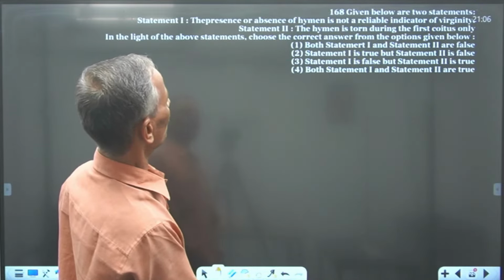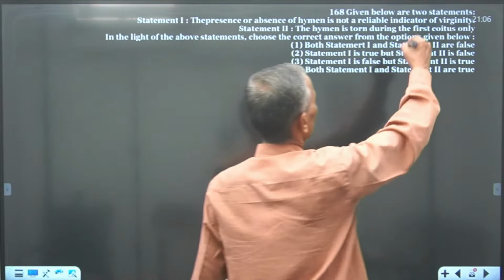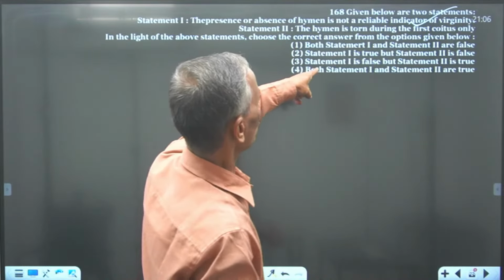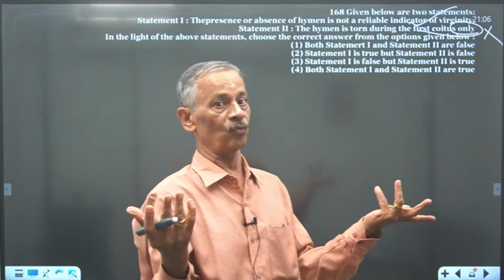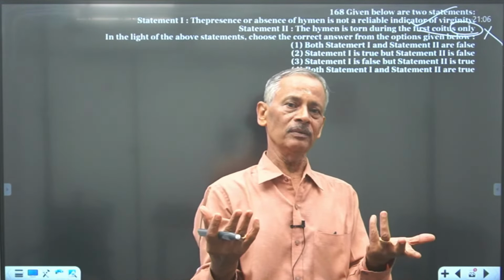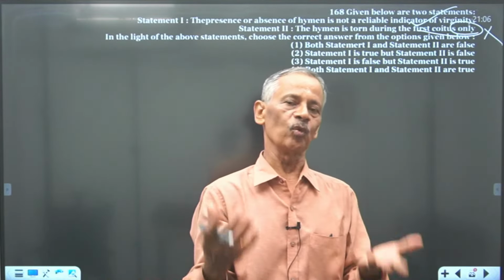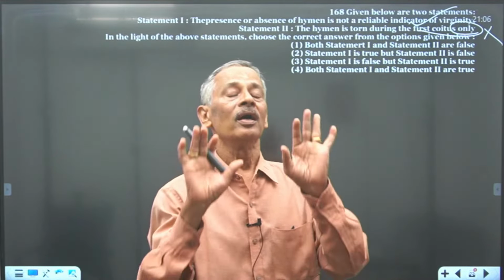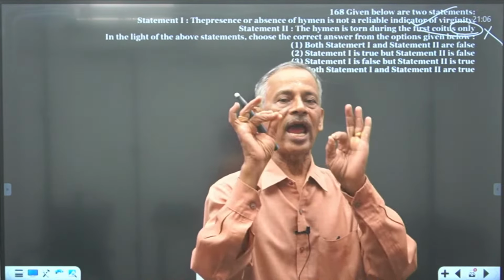The presence or absence of hymen is not a reliable indicator of virginity of a girl. Correct. Statement 2. The hymen is torn during the first coitus only. No, it may be torn off by a sudden fall or jolt, insertion of a vaginal tampon, or by some exercises like horseback riding, swimming, etc. So, presence or absence of the hymen is never an indication of virginity or absence of virginity.